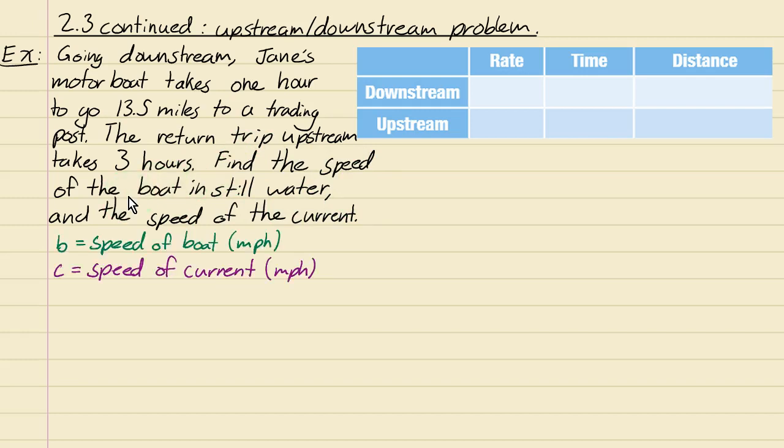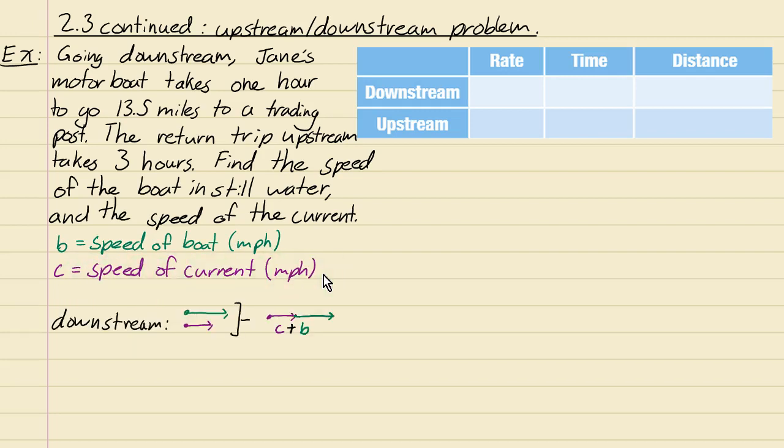And the general principle with anything like this is that if you're going downstream in the same direction as the current, then the speed you actually move is the combined speed of the boat that it would go in still water plus the speed of the water itself.